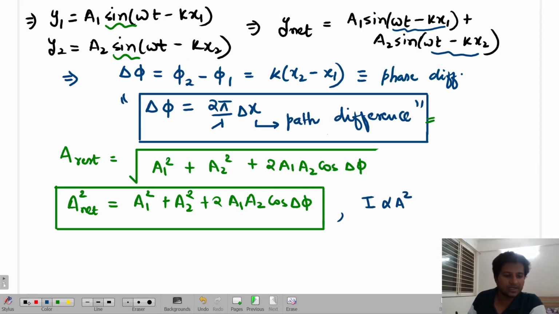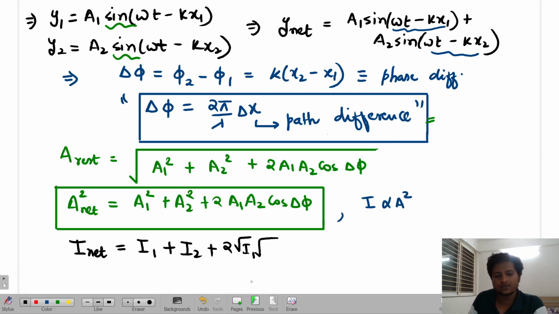So I can write the intensity of the wave directly over here. That net intensity which will be transferred to the particle P will be equal to I1 plus I2 plus 2 root I1 root I2 cos delta phi. Is that clear or not?